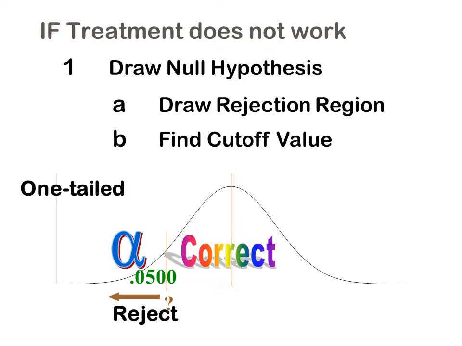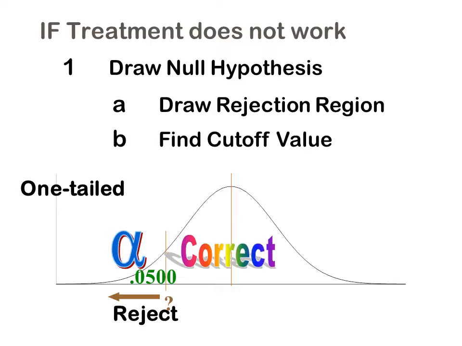Now, another type of test we could do is a one-tailed test. In a one-tailed test, we'd put our entire alpha in either the left tail, if it's something we wanted to reduce, or in the right tail, if it was something we thought would be increased. Now, typically, I don't like one-tailed tests. I encourage you to use two-tailed tests most often.